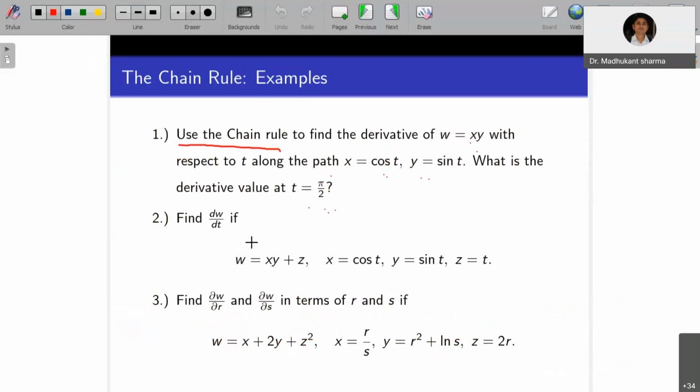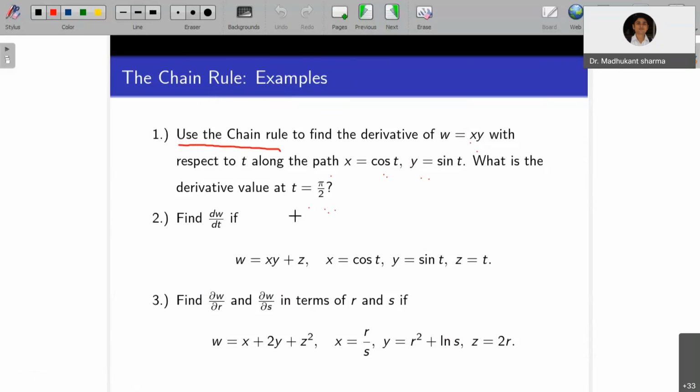Sir, instead of doing the chain rule, can we just do trigonometry, because x into y will become sin 2t by 2? Okay, so before starting I have mentioned that when you are asked a subjective question, you can do it in your notes in whatever way, but whenever it is asked in the exam as a subjective question, you have to use the chain rule, meaning you are forced to use the chain rule.